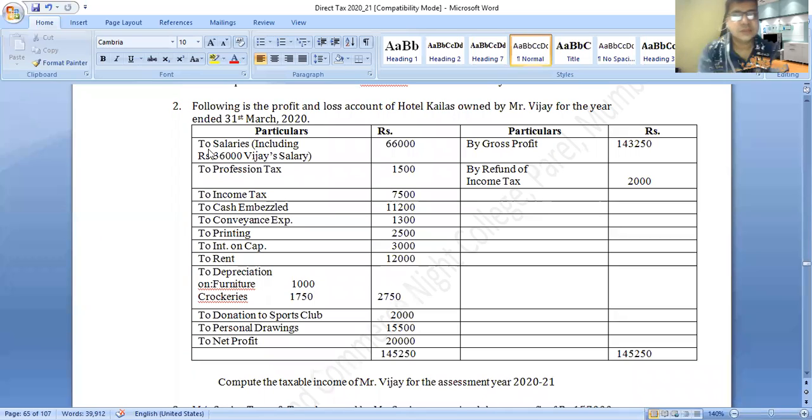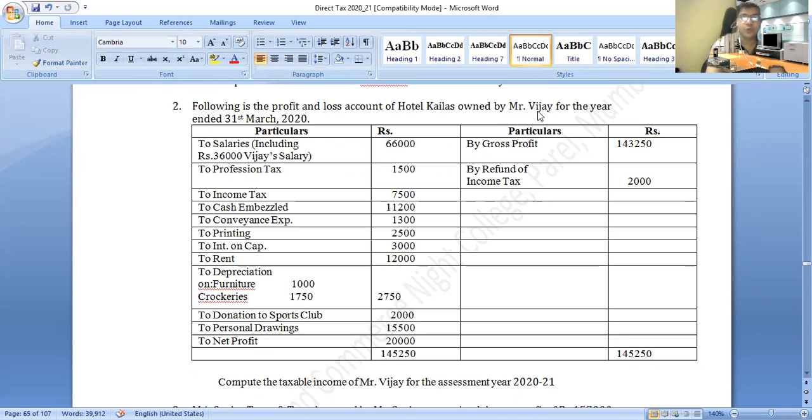On the debit side, they have provided salaries including 36,000 Vijay's salary, rupees 66,000. It means the total amount of salary is 66,000. From this 66,000, 36,000 is the salary related to Vijay.